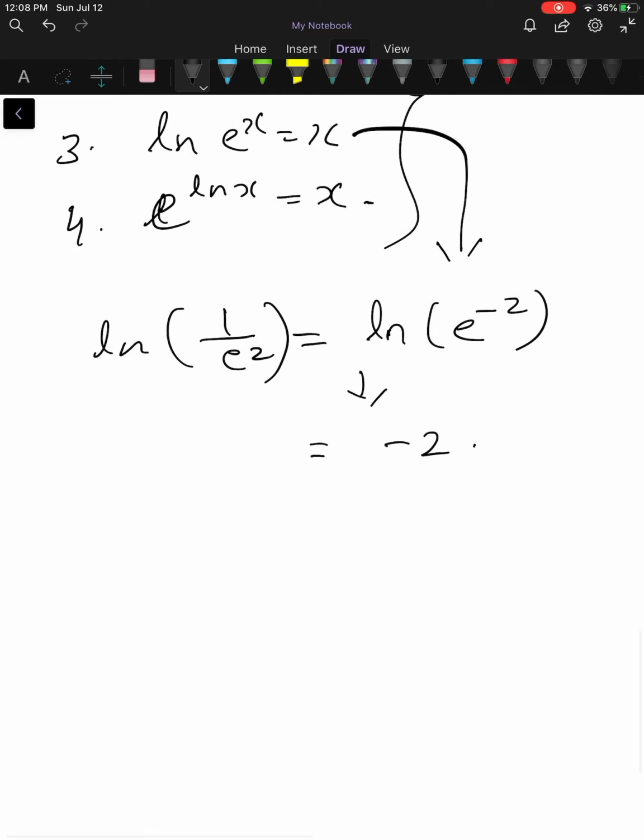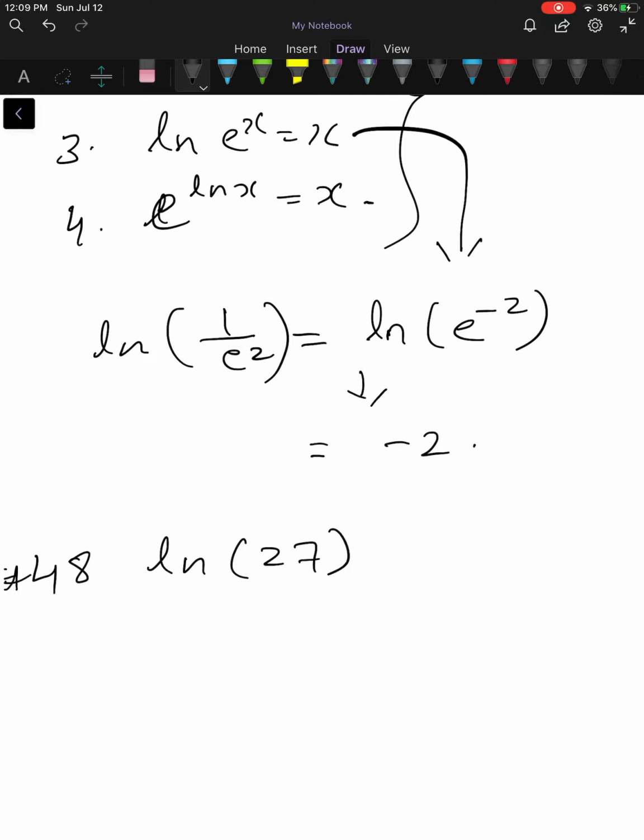Let me do an exercise problem for you, problem number 48. It says to use a calculator to evaluate the expression.